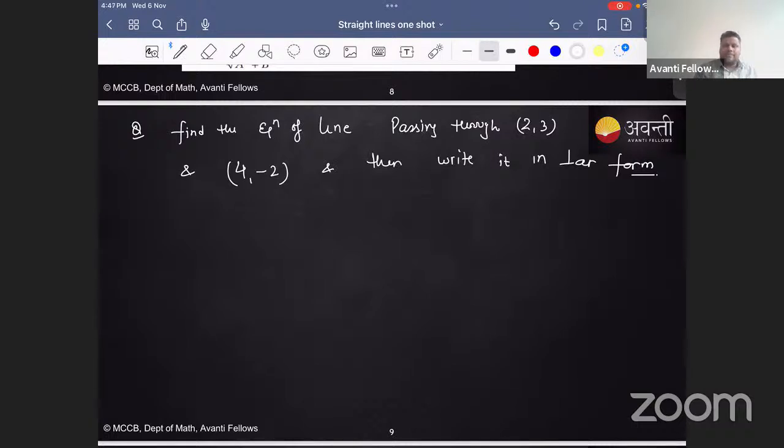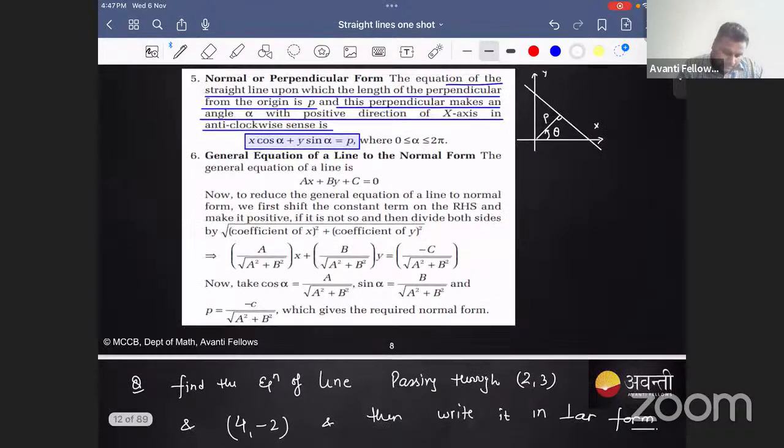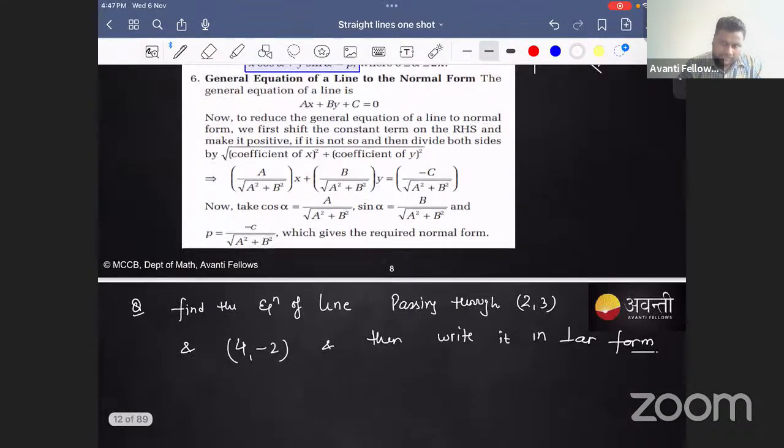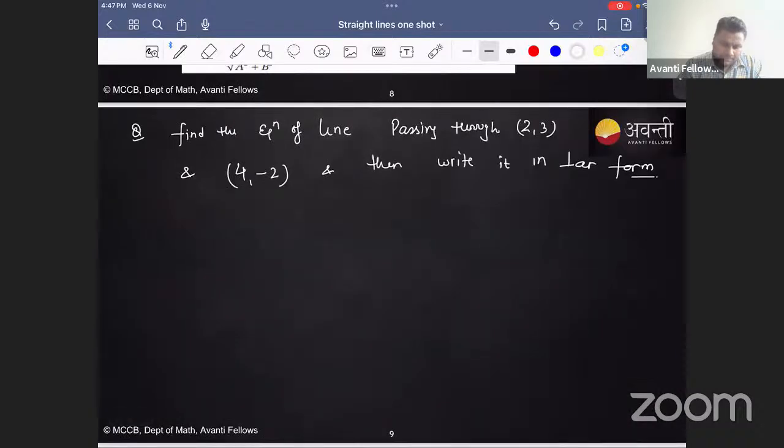Yes, any idea? Roshan, how to do? See, first of all, write the equation of line normally. That is y minus y1 is (y2 minus y1) upon (x2 minus x1) into (x minus x1).